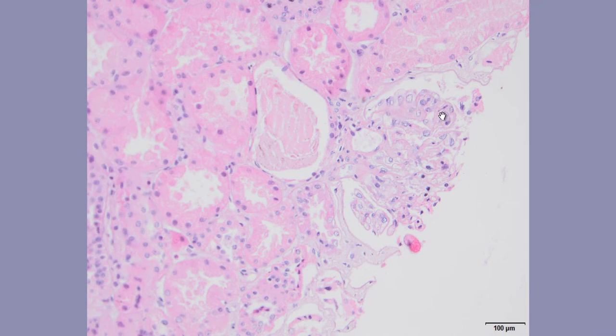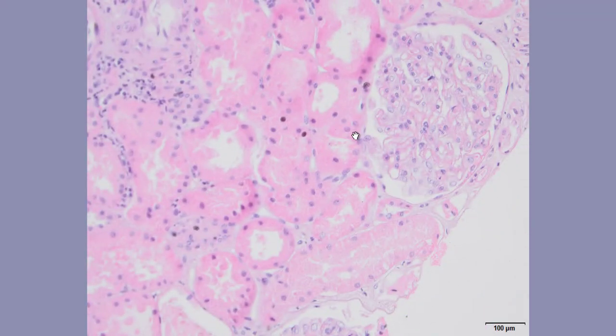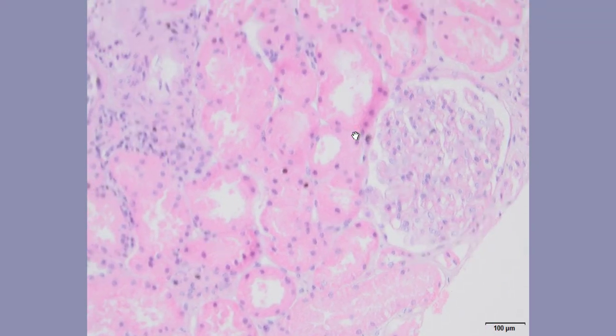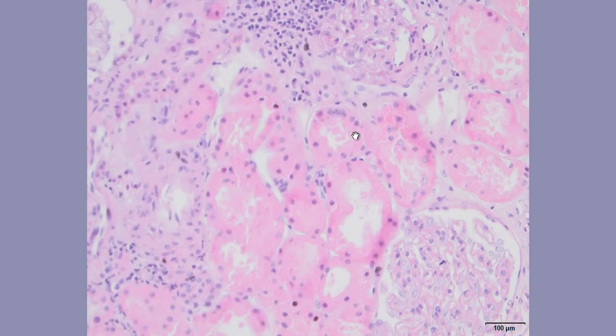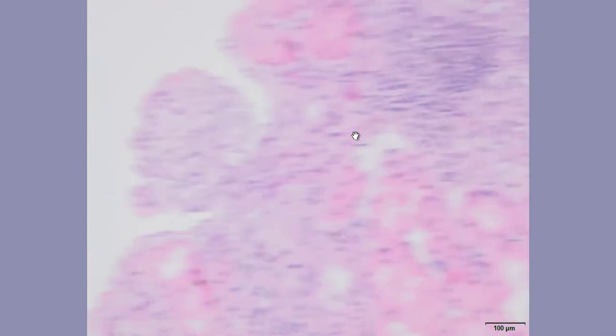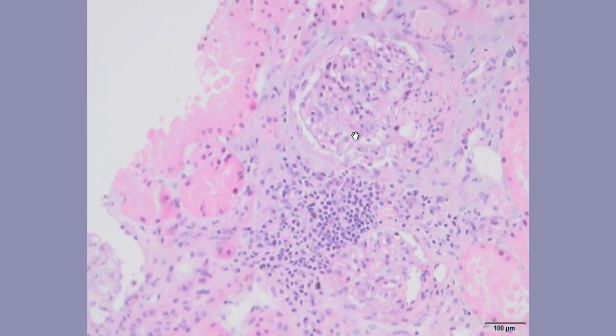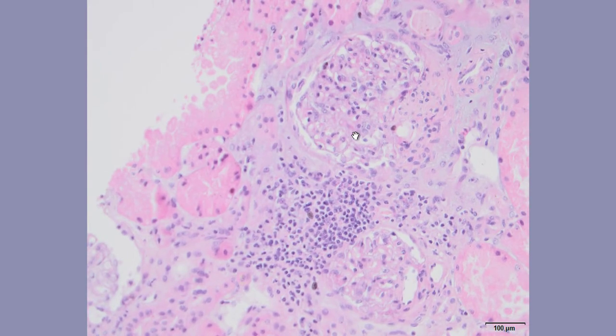And even in this area, you start wondering about whether the capillary tuft is segmentally obliterated or not. And this is another glomerulus. This one looks fine. As I said, there's not much inflammation. There's only focal inflammation. And this inflammation seems to be located in areas where we have glomerular pathology.